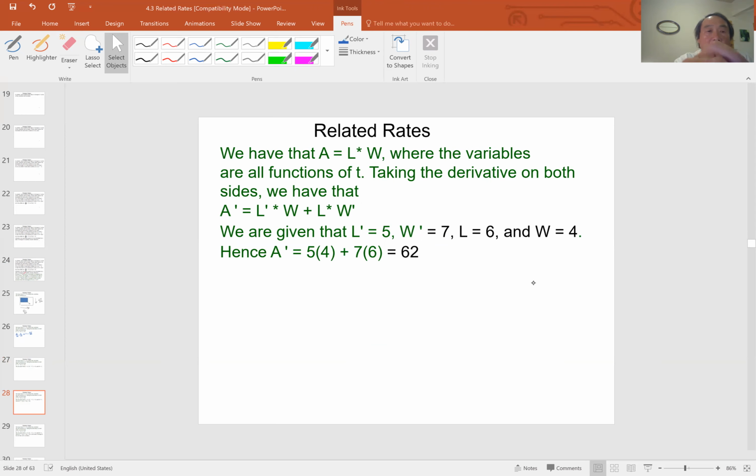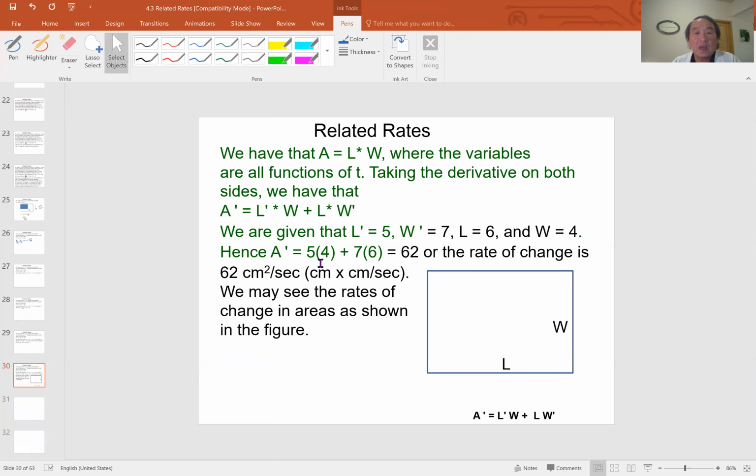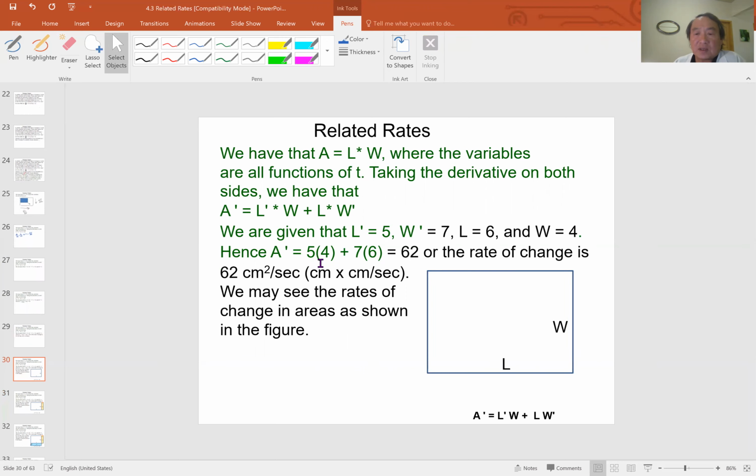Okay, and the units work out, because if this is 5 centimeters per second and this is 4 centimeters, then multiplied it will be centimeters squared per second, the rate of change in the area. So the units work out. Basically what's happening is this: as we drag, L prime is the rate of change. For instance, in 1 second the length goes that much, and the width goes downward that much.